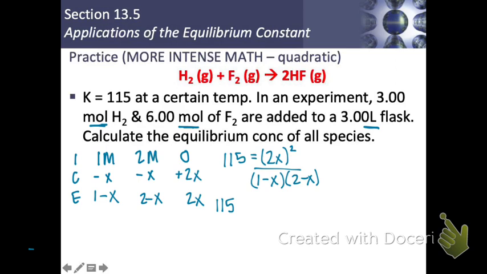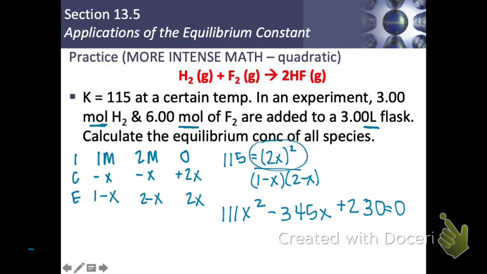You guys already done? Yeah? What'd you get for your x value? All right, I'm going to skip ahead if you guys are already done then. What'd you say? Right, we're close here. I had my quadratic equal to 111x squared minus 345x plus 230 equals 0, because this guy right here would equal 4x squared.